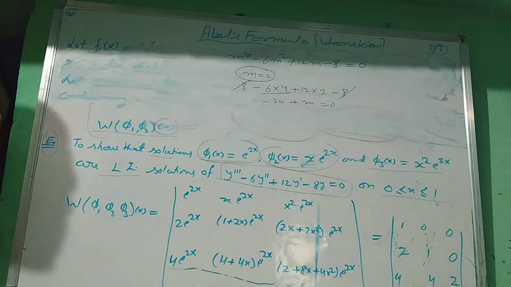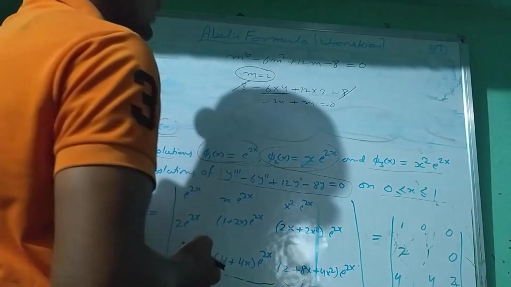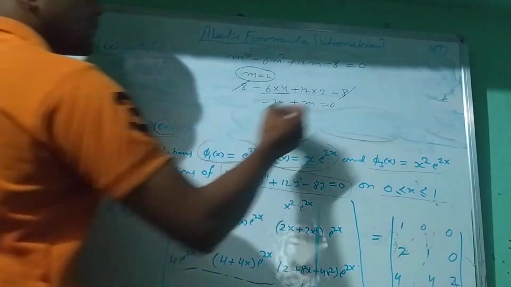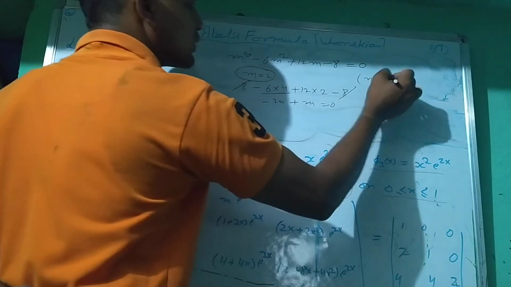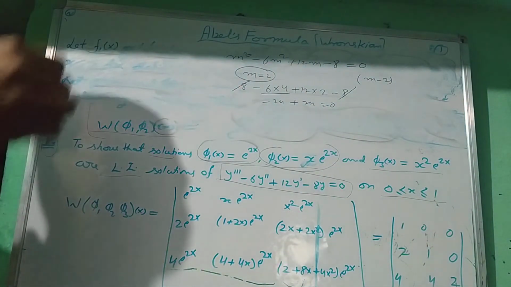Similarly, we can find the second root of this equation. m equal to 2 is a root of this equation. It means m minus 2 is a factor of this equation. Similarly, we can find the second root and third root.